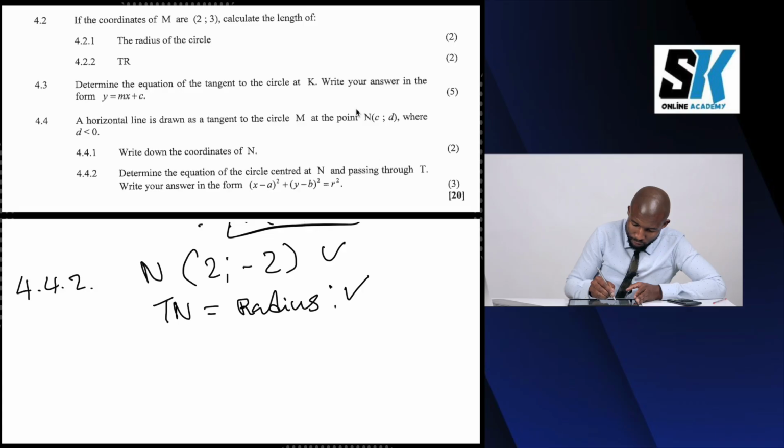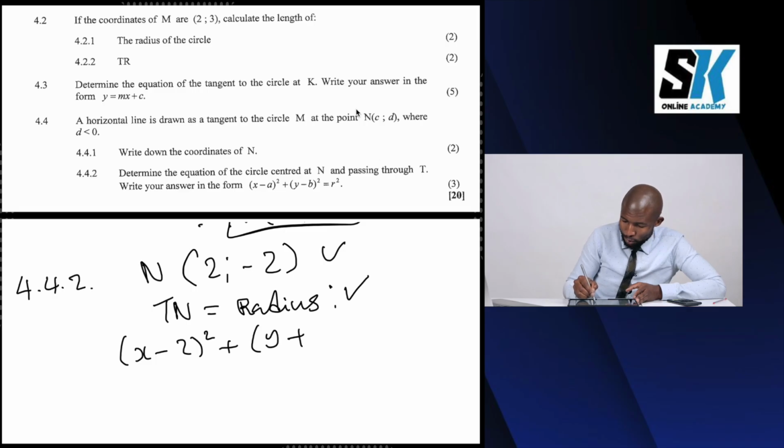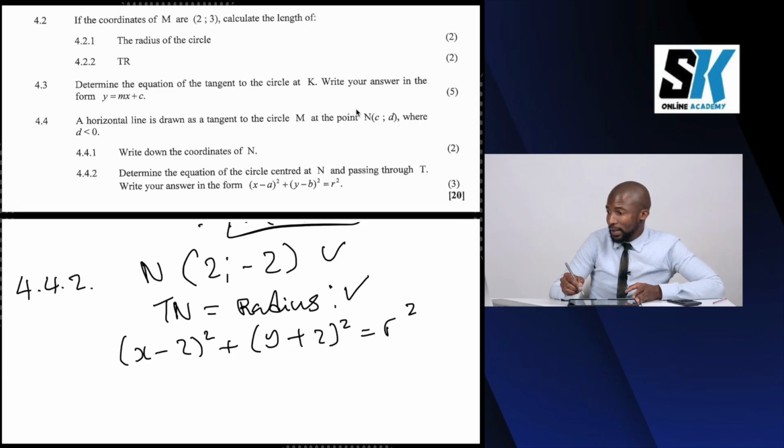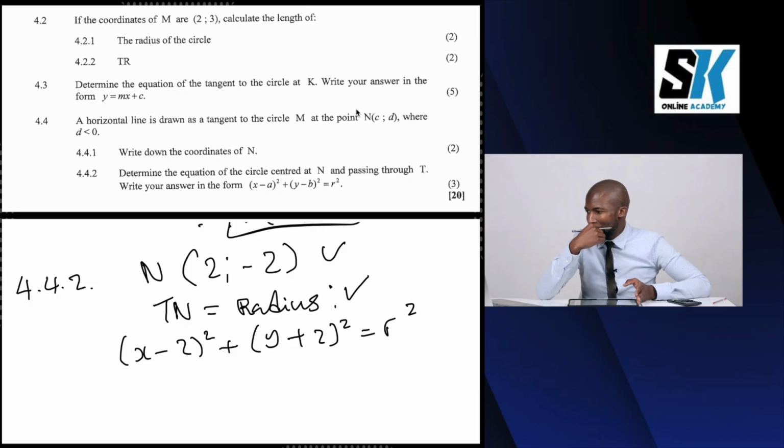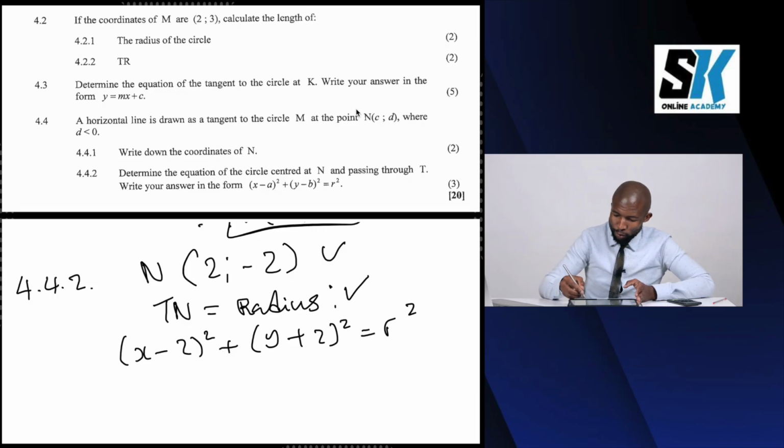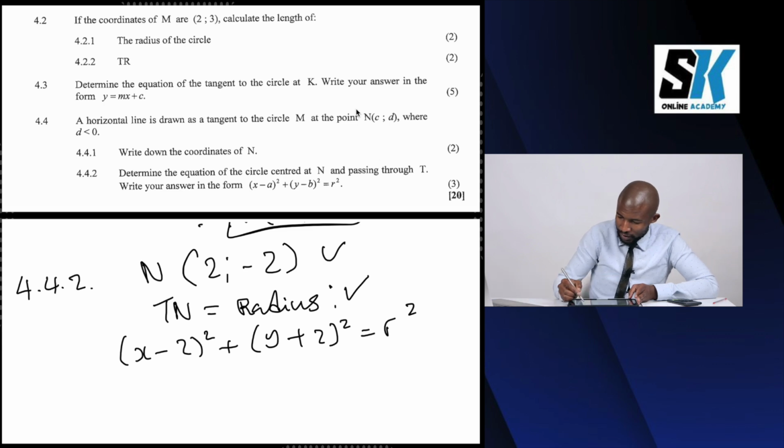So the best you can do is say (x minus 2) all squared plus (y plus 2), since y is negative 2, all squared is equal to r squared. If you remember, we found that the coordinates of T were (2, 0).